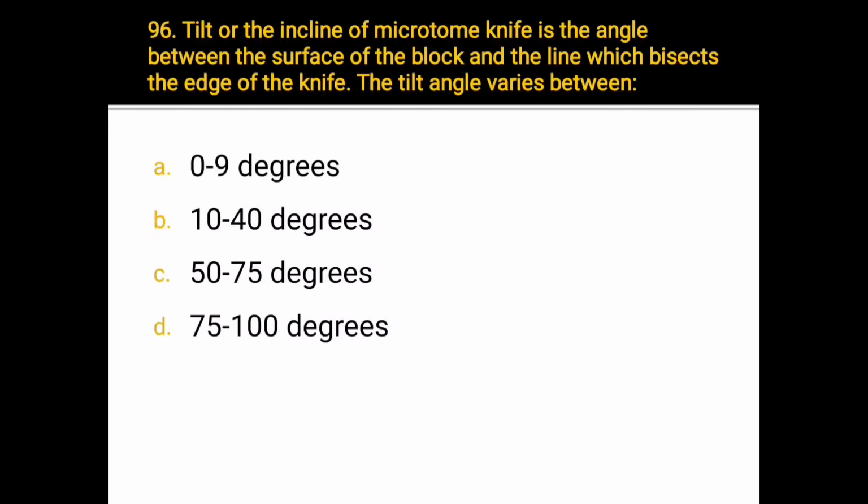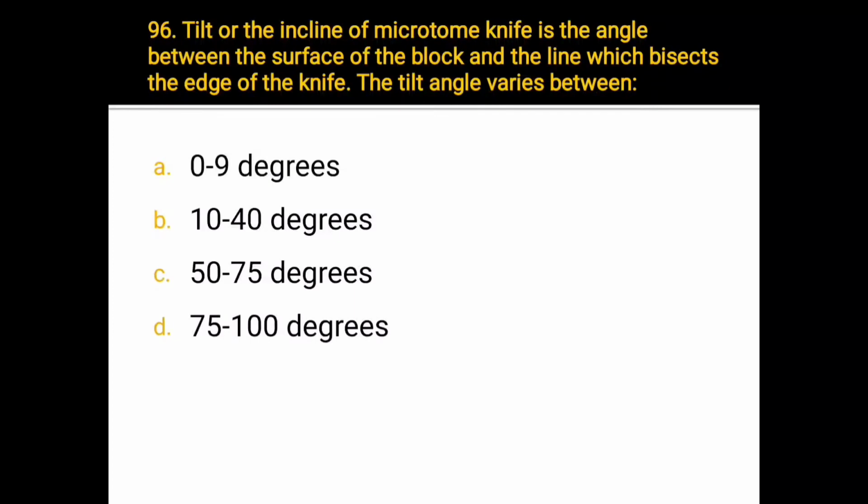Tilt or the incline of microtome knife is the angle between the surface of the block and the line which bisects the edge of the knife. The tilt angle varies between A. 0 to 9 degrees, B. 10 to 40 degrees, C. 50 to 75 degrees, D. 75 to 100 degrees.